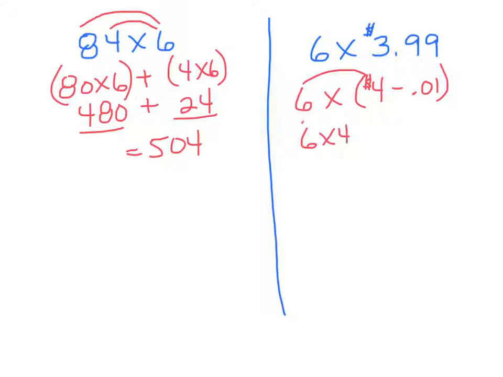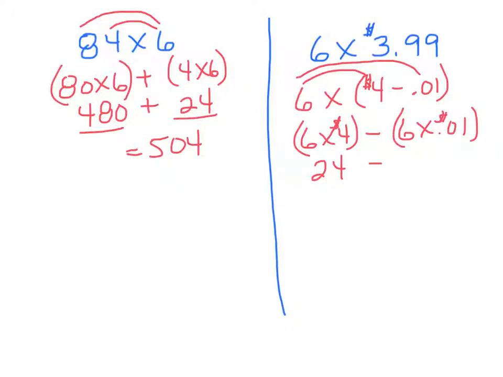So 6 times $4 gives me $24 minus, now I have 6 times a penny. 6 times a penny means I have 6 cents. So now I'm going to subtract $24 minus 6 cents, would give me a final answer of $23.94.